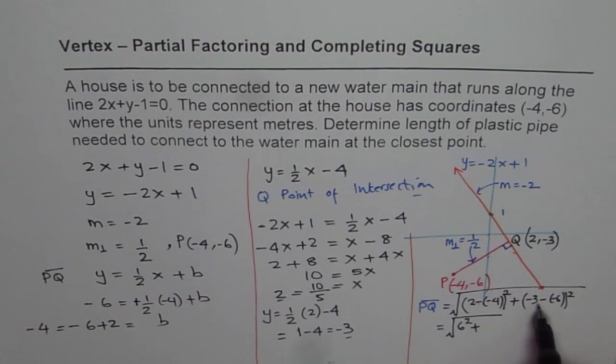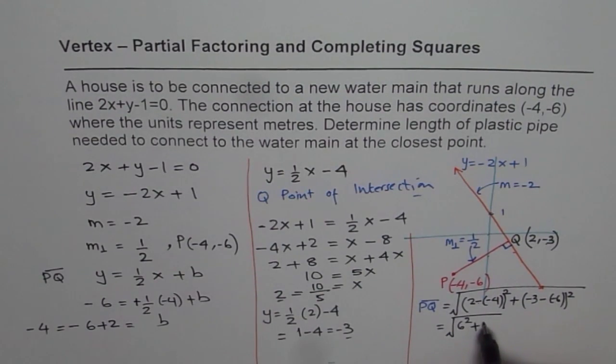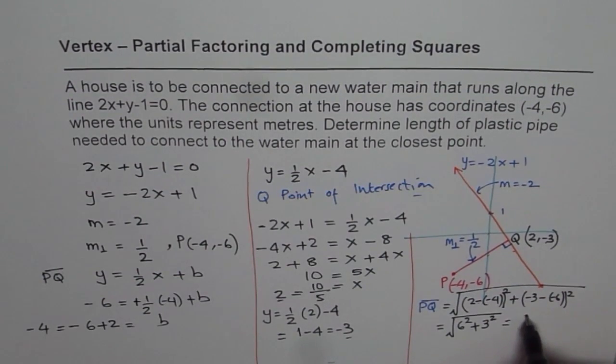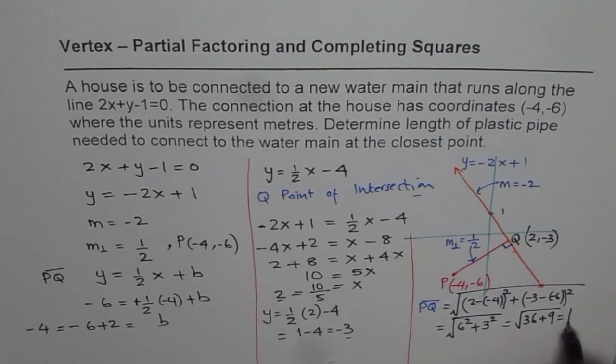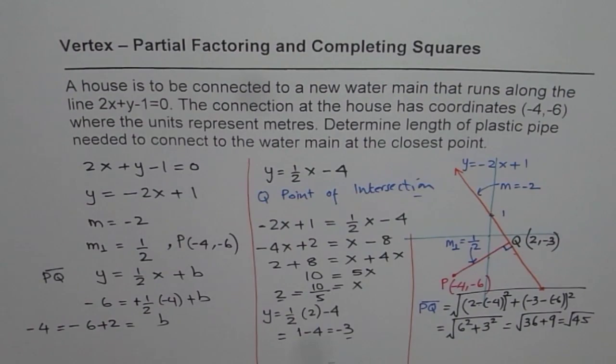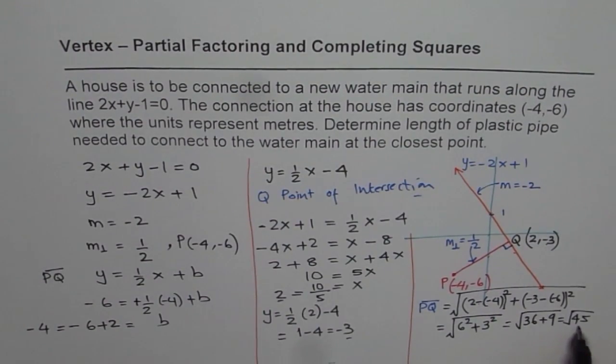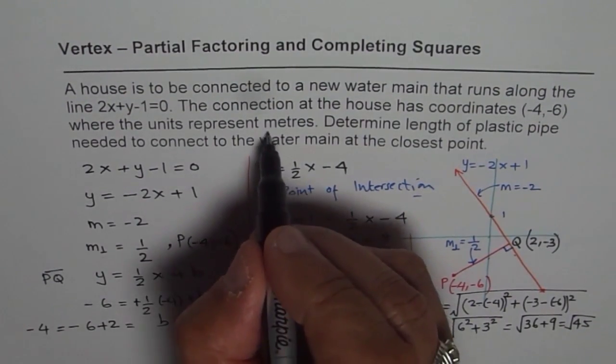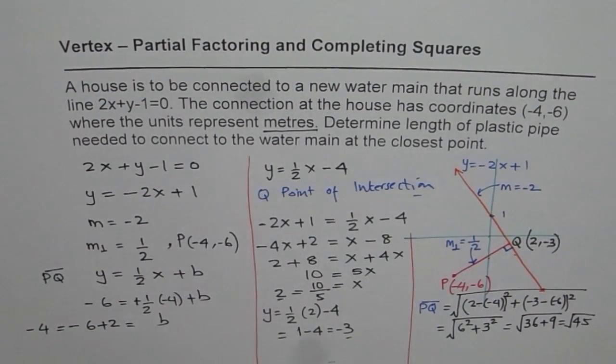And here we have minus 3 plus 6, which is 3 squared, which is 9, right? You can use a calculator to find this distance, and that distance is in meters. Remember the units, it is in meters.